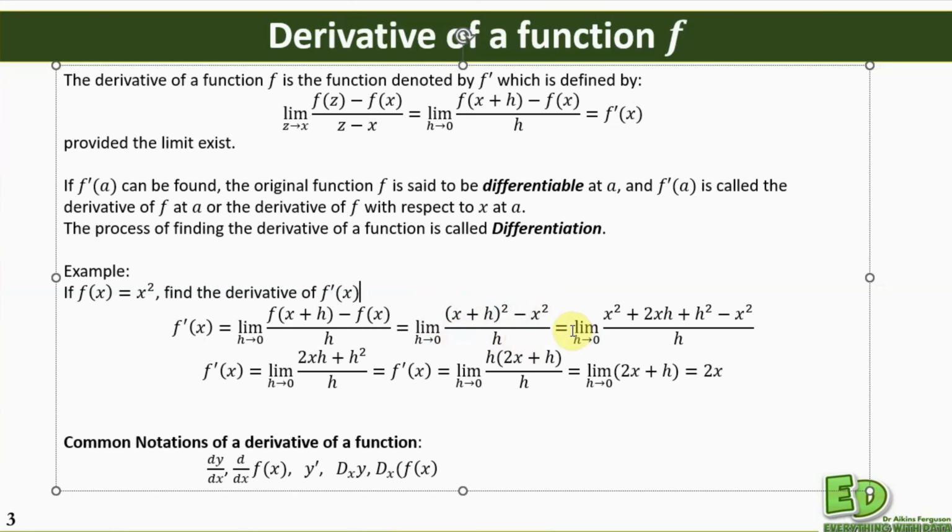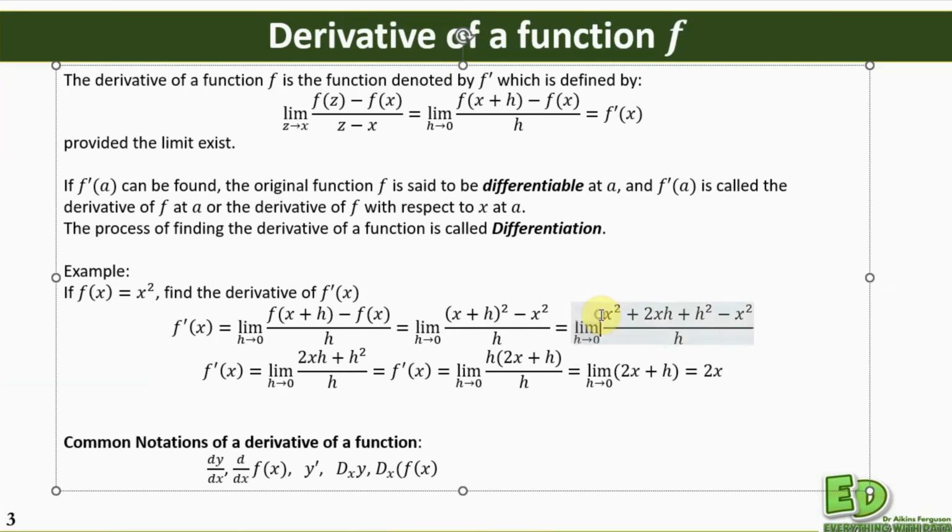Moving along, we would have to expand. The next thing is that you just expand what you have here, because you have x plus h all squared. It means you're going to multiply x plus h by x plus h, and then when you expand that, you group like terms. You have x squared plus 2xh plus h squared.